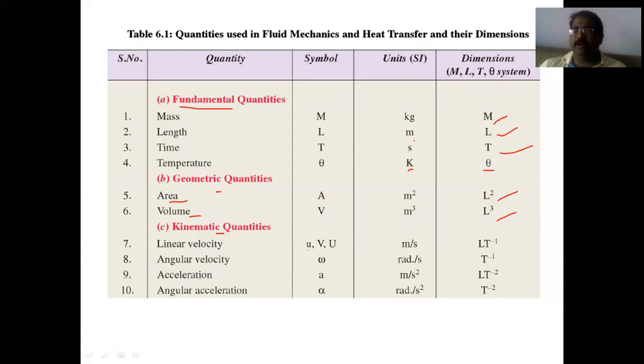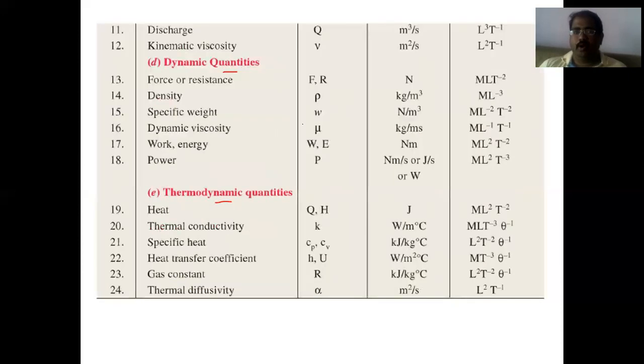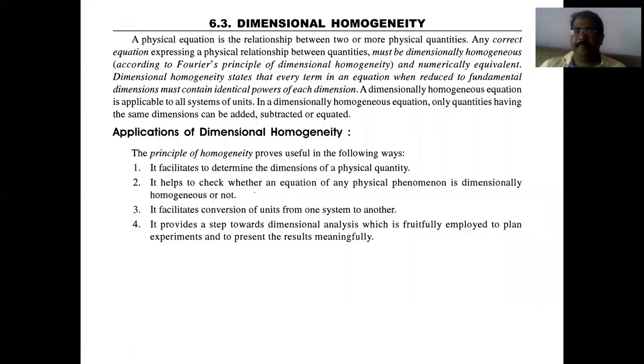It is generally denoted by small u, capital U, and capital V. The unit is meter per second, and it is denoted by L T raised to power minus 1. Okay. Similarly, you have to learn all the different quantities. In the next lecture, I will ask you about these quantities. So you just learn it very carefully.